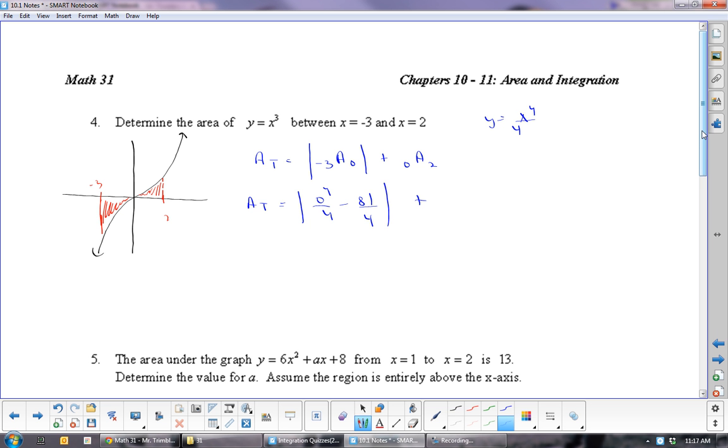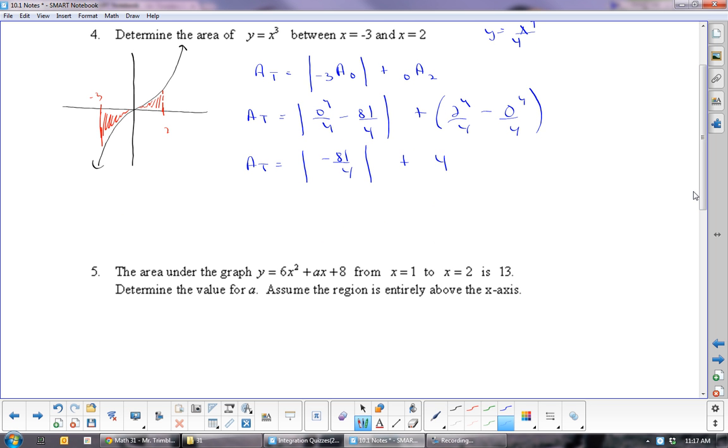Plus from 0 to 2, so I'm going to do the 2 first. 2 to the 4, sorry, over 4, minus 0 to the 4 over 4. Area total, this works out to be -81 over 4 plus this entire thing turns into 4. So at this stage, area total equals 81 over 4 plus 4, which equals 97 over 4.